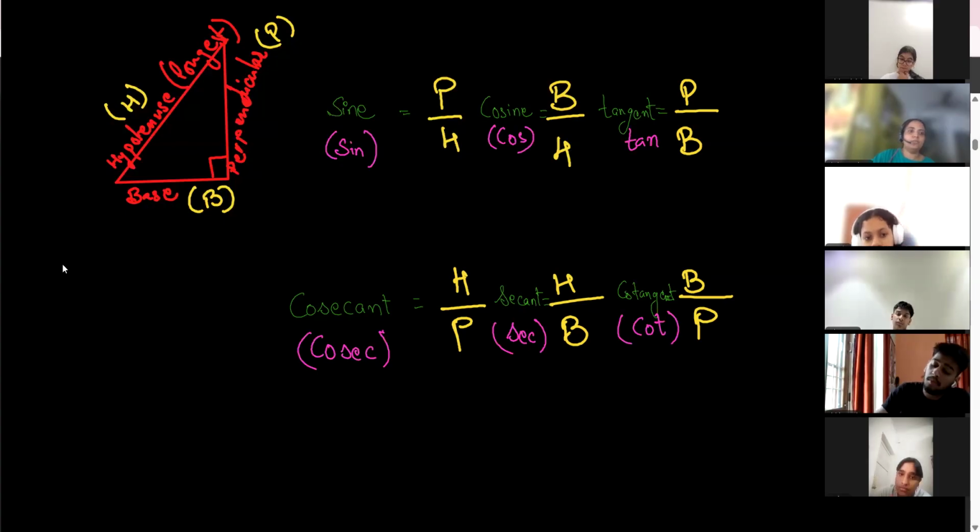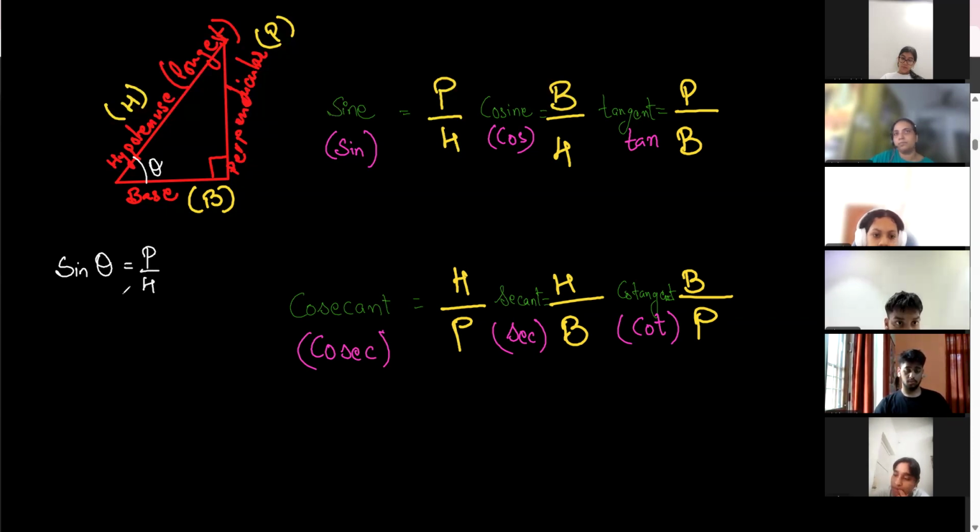So if I write it once again here, I will say that sine of an angle here, let me call this unknown angle theta. So sine theta would be equal to P by H, right?